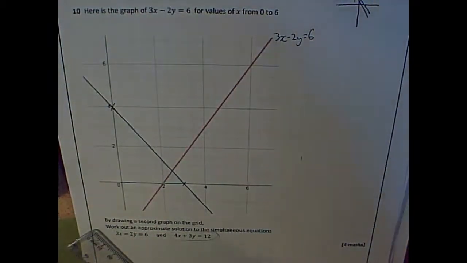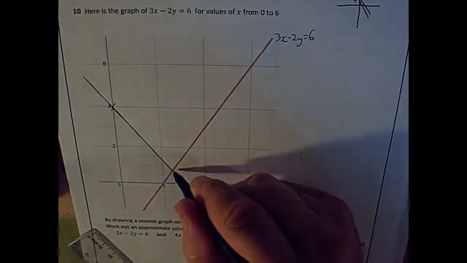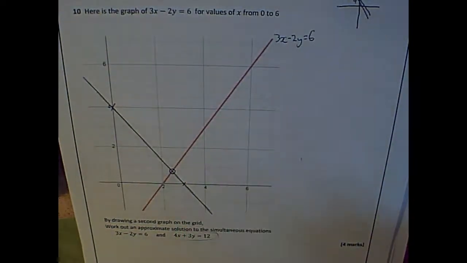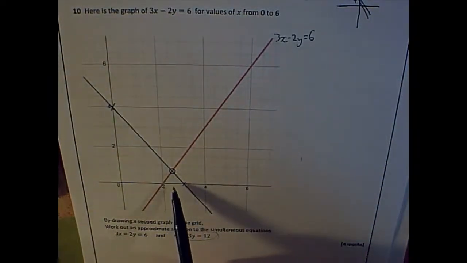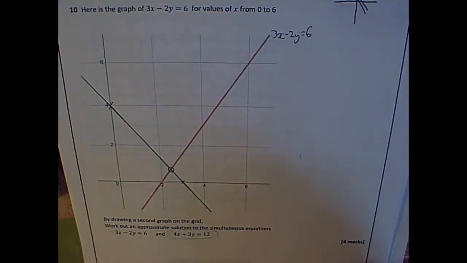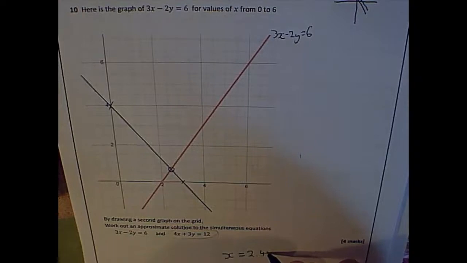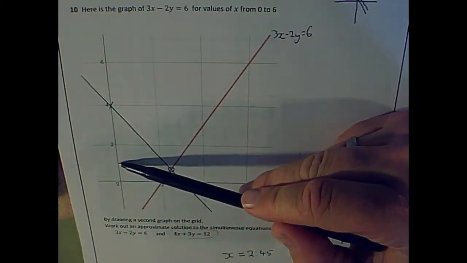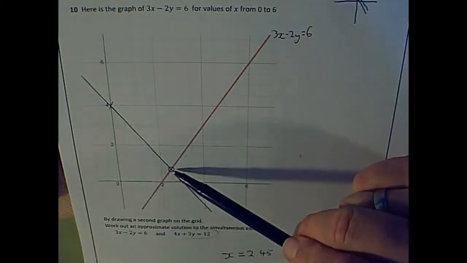So the solution to the simultaneous equation is the point where they meet, is that point. So an approximate solution that I would come up with here, if you're looking carefully, this would be 2.5, and it's looking like a little bit less than 2.5. I'm going to go with x equals 2.45, and y is, that would be 1, this would be a half, and it's a bit more than a half.